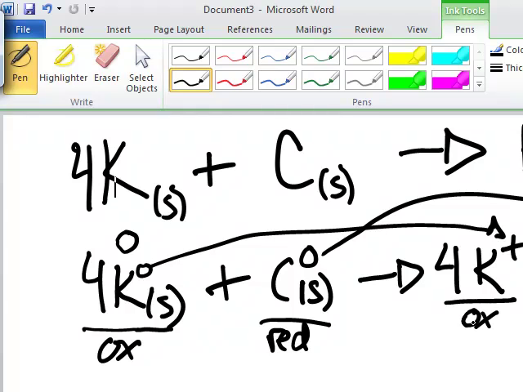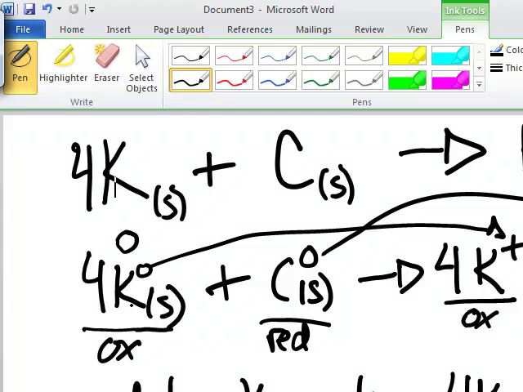Follow that? Okay. So from there, we can write our equations. So our oxidation half reaction would be just the particle that's oxidizing, what's going on with it. So on the left I would have 4K. Okay.